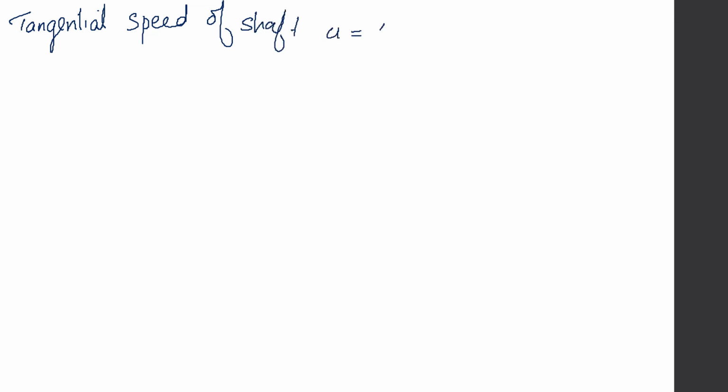So u is equal to pi dn by 60. So d is the diameter, n is the rotation per minute. This 60 is for converting the rotations per minute to seconds.